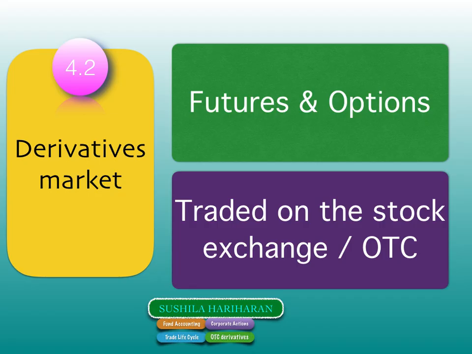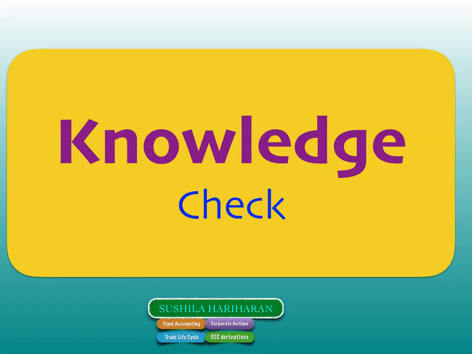We could also have OTC derivatives. So understand this: there is a stock exchange, a spot market, a derivative market, an OTC market, a securities exchange. All of them can have different kinds of products that are being traded.